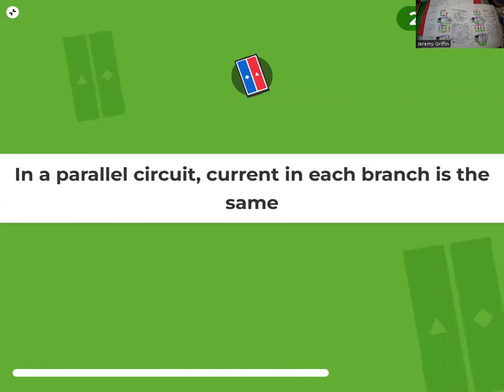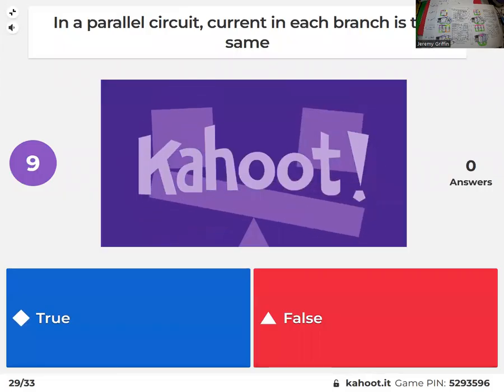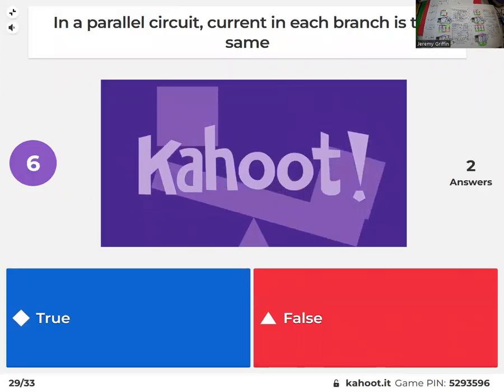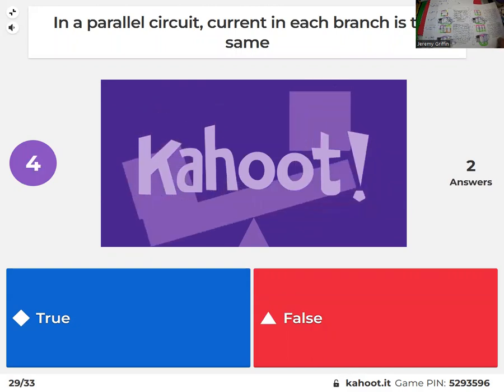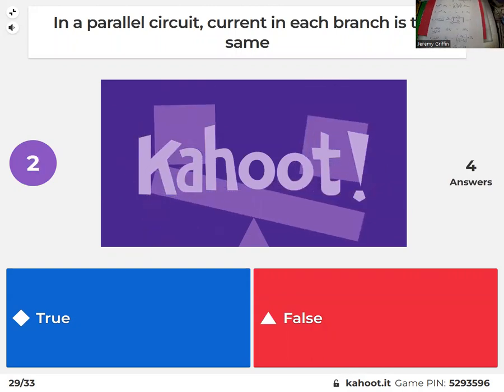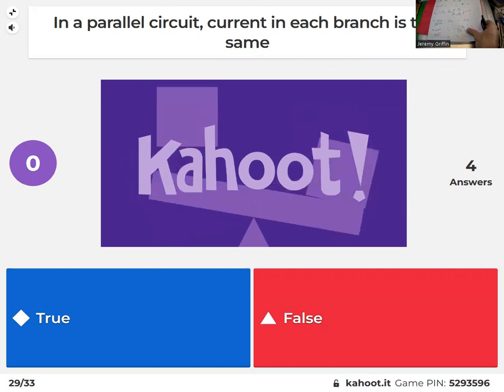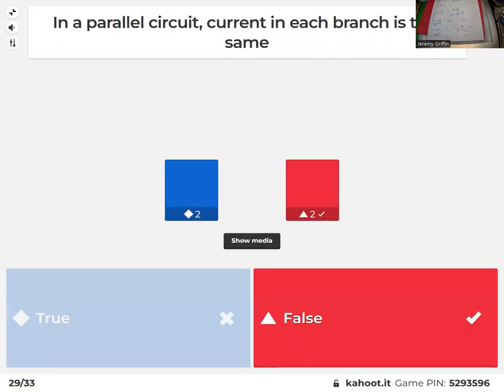In a parallel circuit, the current in each branch is the same. True or false? Okay, got 50-50. Let me show you why that would be false.